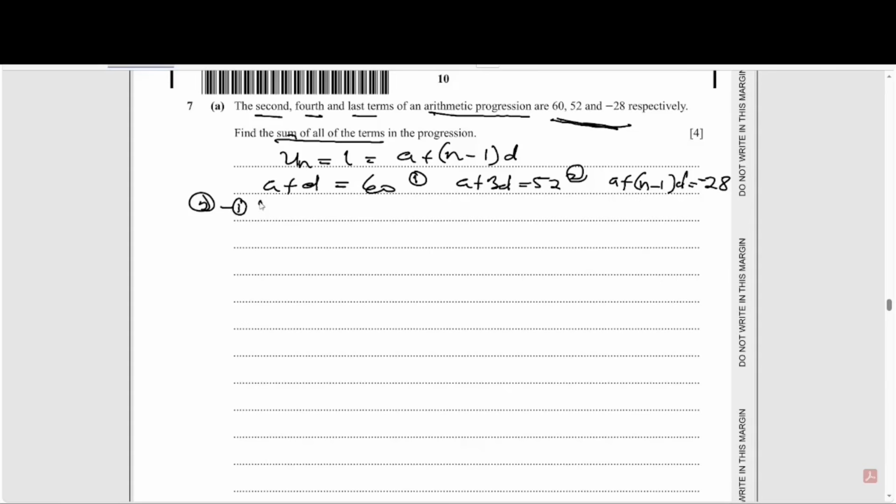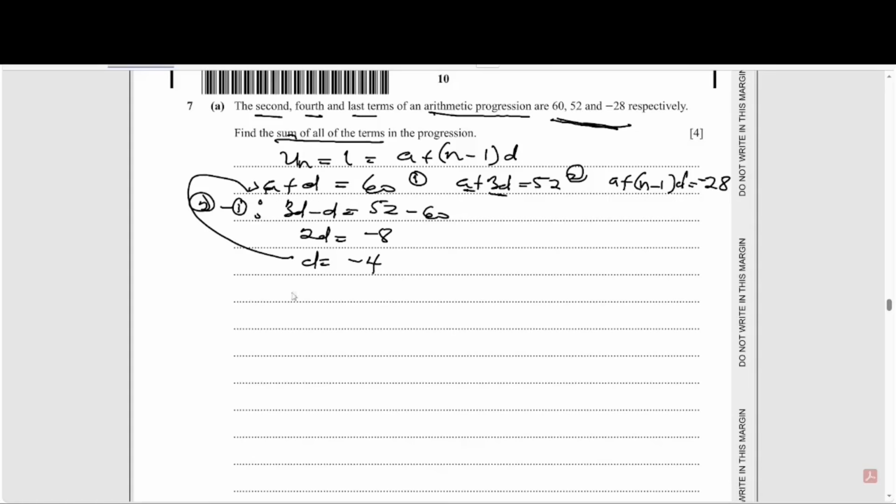So the second minus first, so a minus a is 0. 3d minus d, then equal to 52 minus 60. That gives us 2d is equal to negative 8. And then d is equal to negative 4. You can substitute that into the first equation to find the value of a.